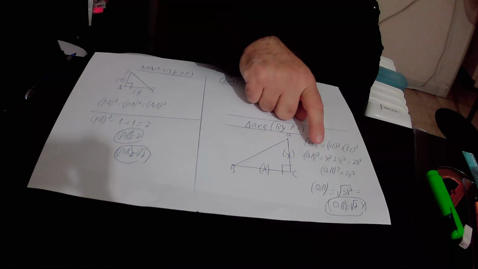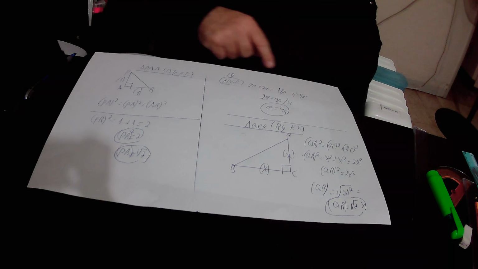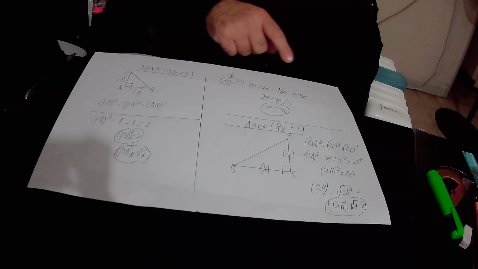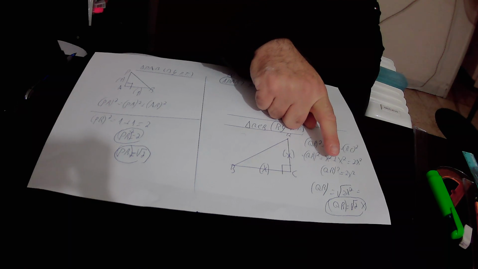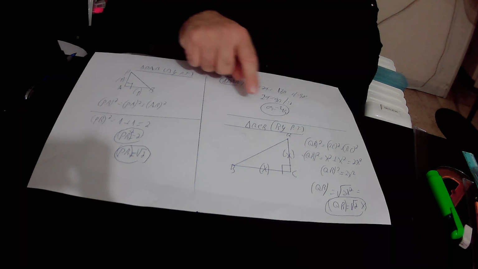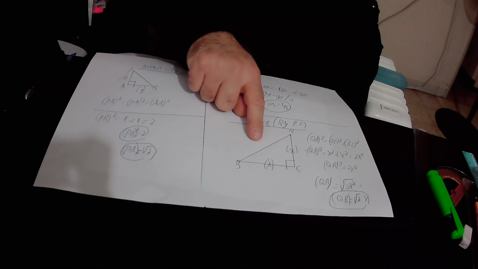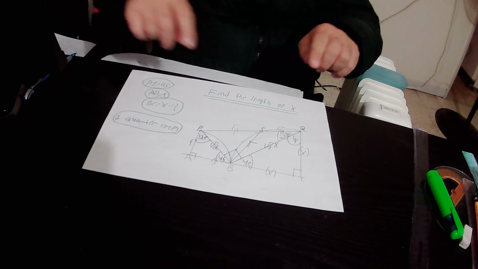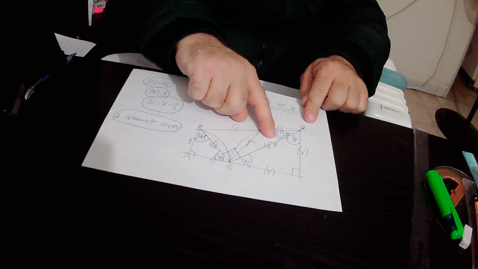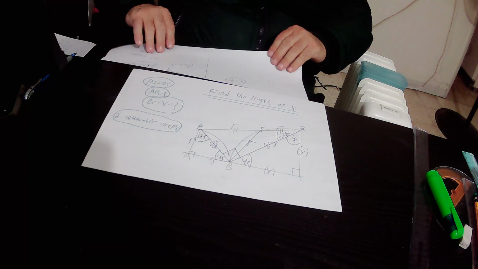We took this equation and finally found that QB equals the square root of 2x square. The square root of x square is x, so inside the root we are left only with 2. So QB equals the square root of 2 times x. So here, the hypotenuse QB equals the square root of 2 times x. Okay.